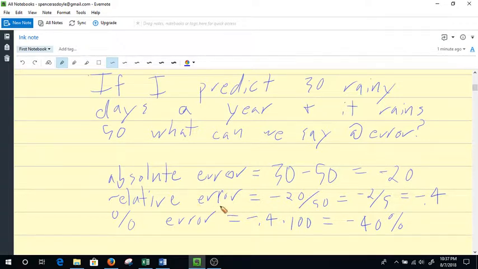The relative error then is finding the decimal that represents this as compared to the actual value. So my error divided by the actual value, we get negative 2 over 5, which would be negative 0.4. And then percentage error would then just be times 100 to get negative 40%.